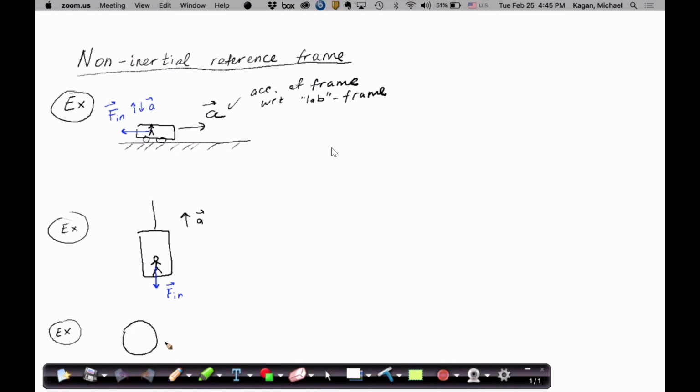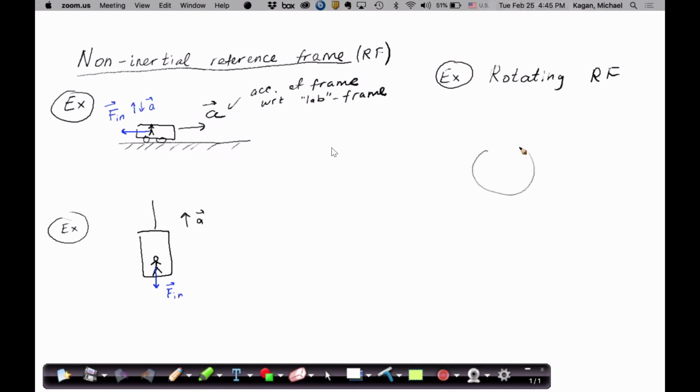If you have a rotating reference frame, let's say it's rotating counterclockwise, at a constant angular velocity, there is still acceleration of the frame, right?